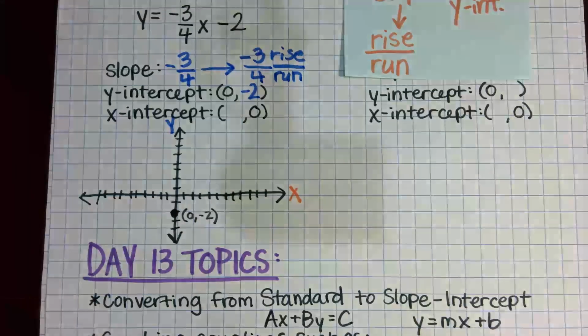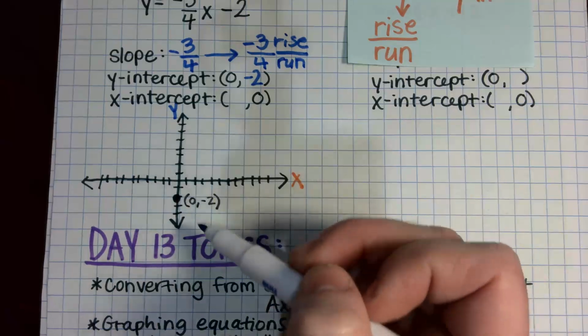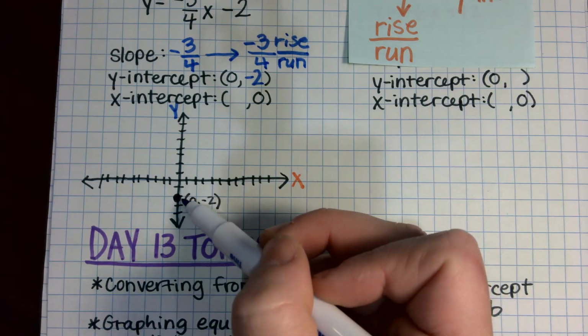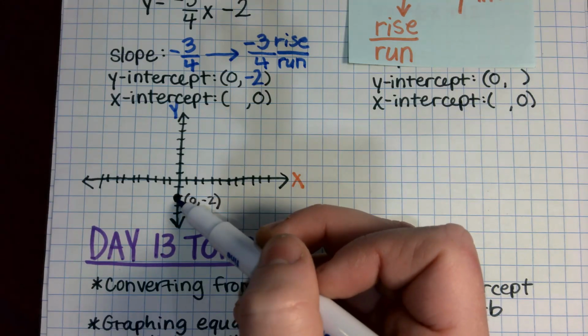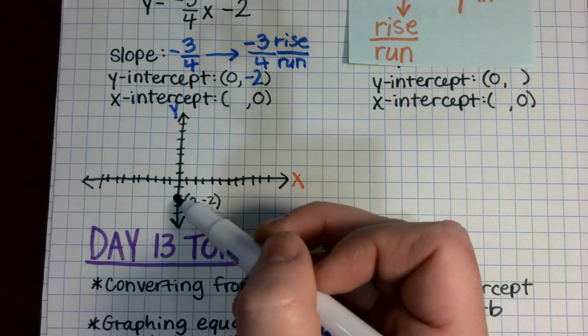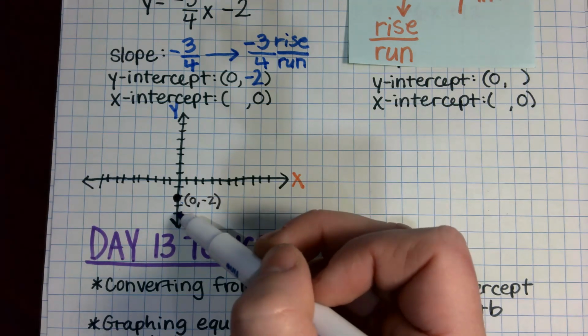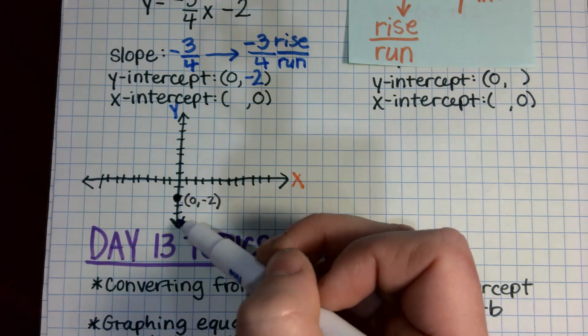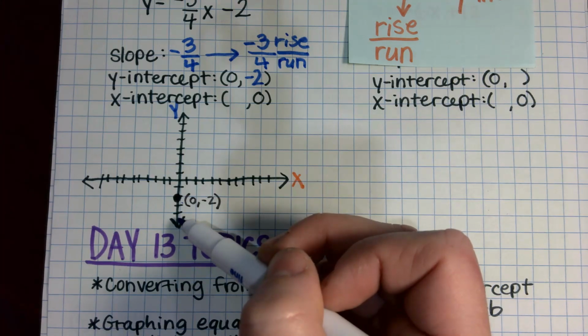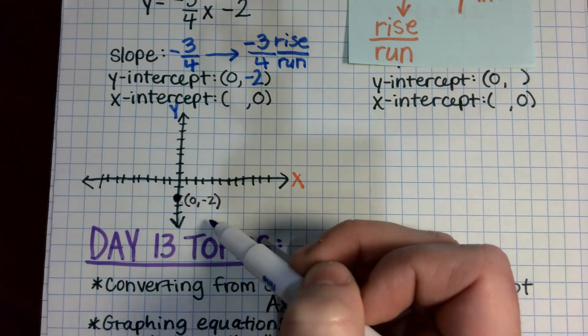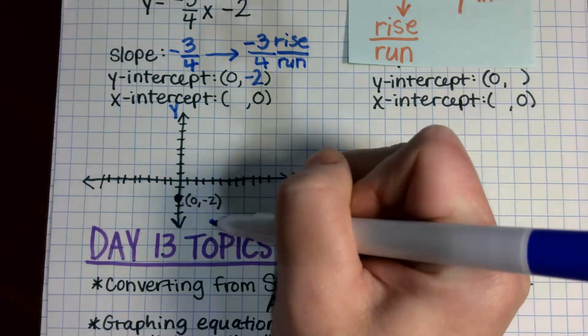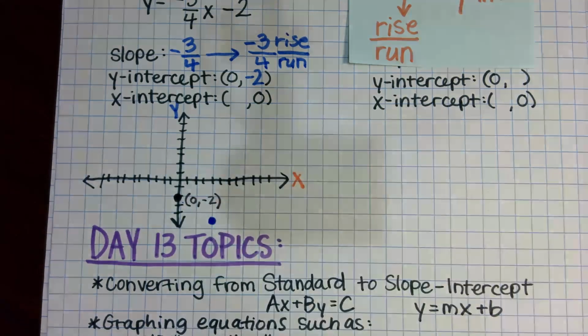So here's what we would do from here. We have our y-intercept here, our first point, and we're going to start with our rise. Because it's a negative number, do we go up or down? Down. So I would count down 1, 2, 3, and then I look at my run, which is 4. So then from here I go over 1, 2, 3, 4. And this would be where my next point would be.